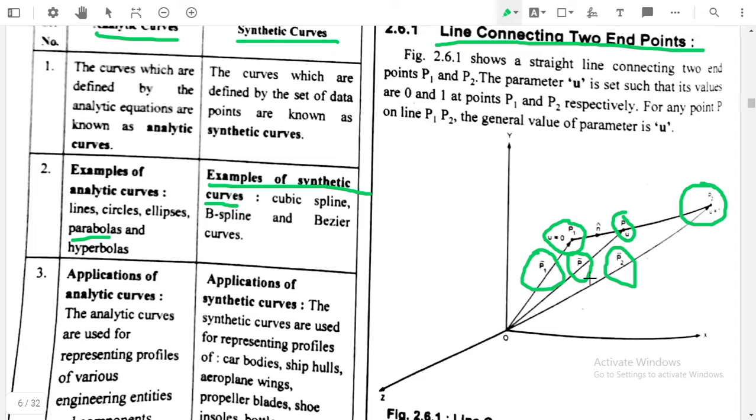And we have considered that U is the independent parameter, as we discussed.